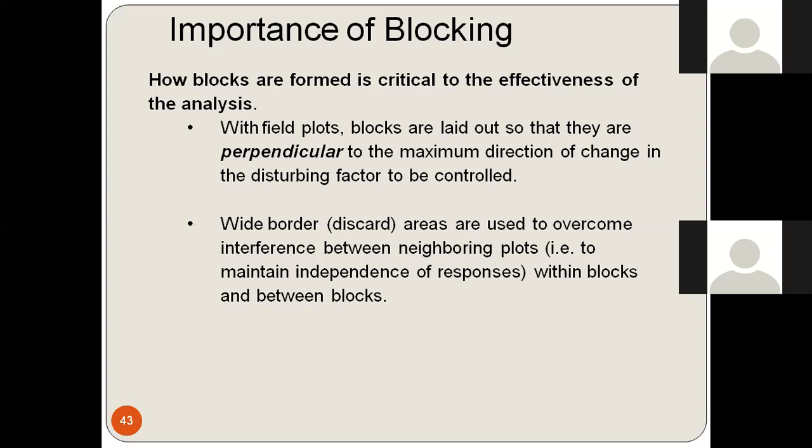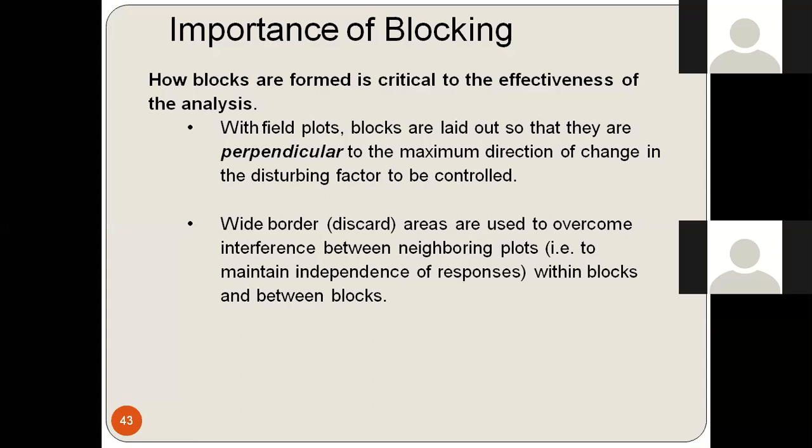The second aspect of the importance of blocking is the border. Sometimes we may have to discard the border areas used to overcome interference between neighboring blocks and to maintain independence of response within blocks and between blocks. Sometimes that is also very important.